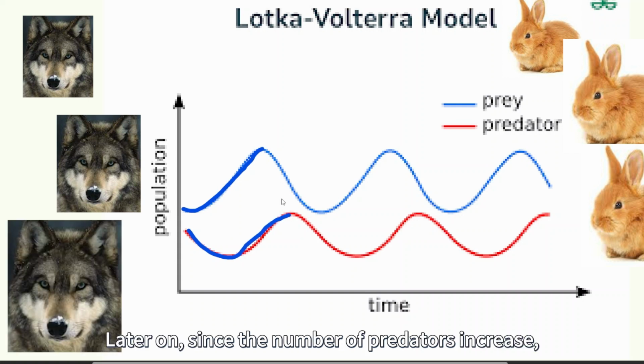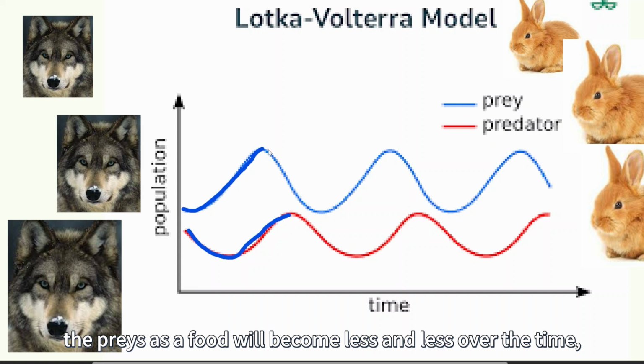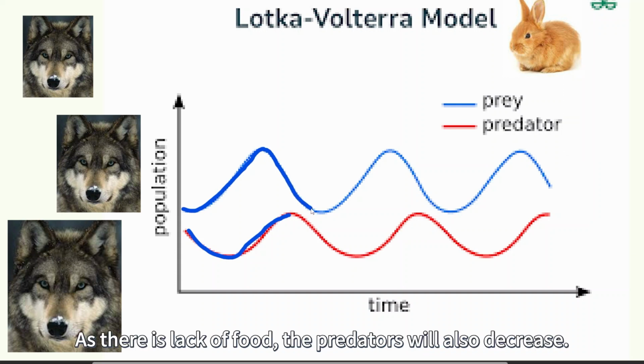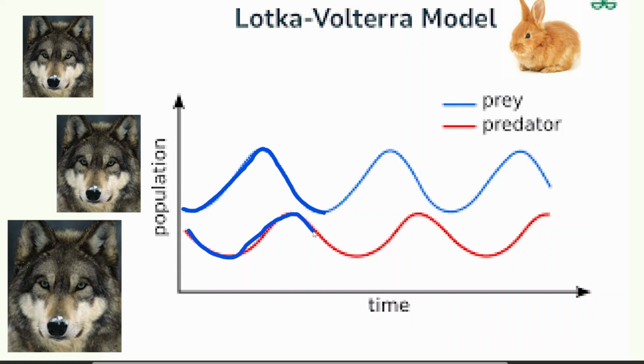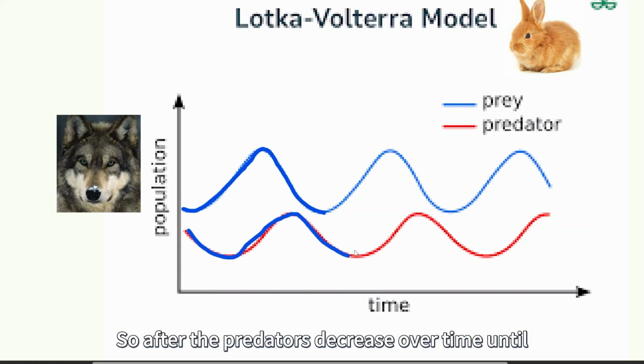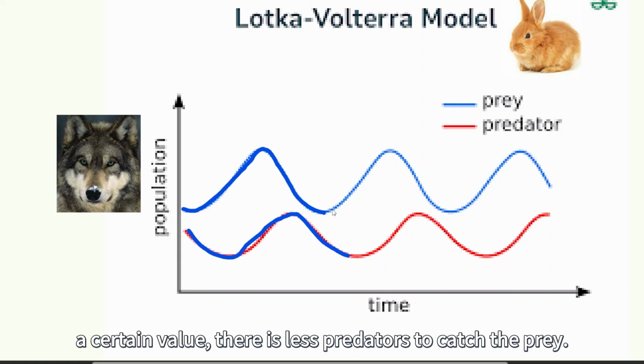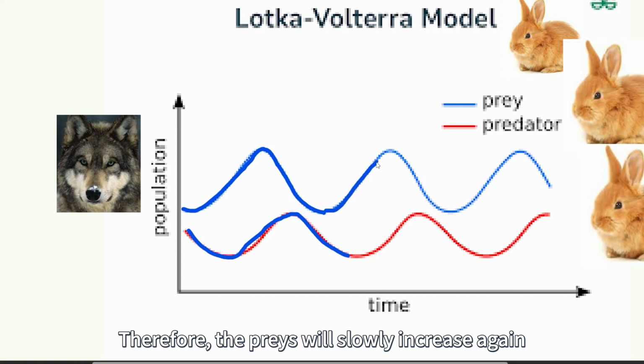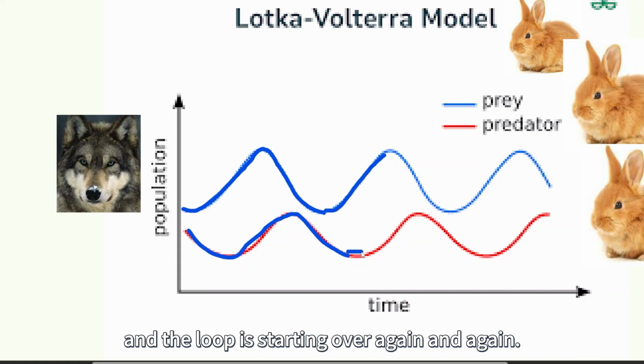Later on, since the number of predators increases, the prey as food becomes less and less over time, so it starts to decrease. As there is lack of food, the predator will also decrease. After the predator decreases to a certain value, there are fewer predators to catch the prey. Therefore, the prey slowly increases again, and the loop starts over again and again.